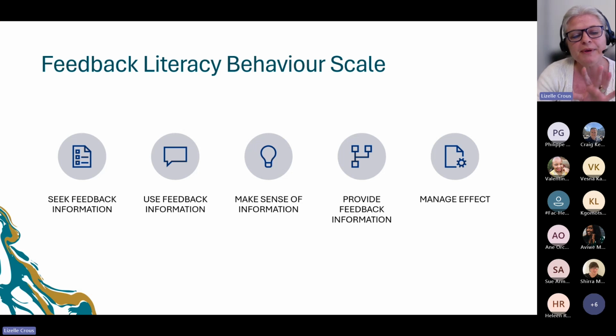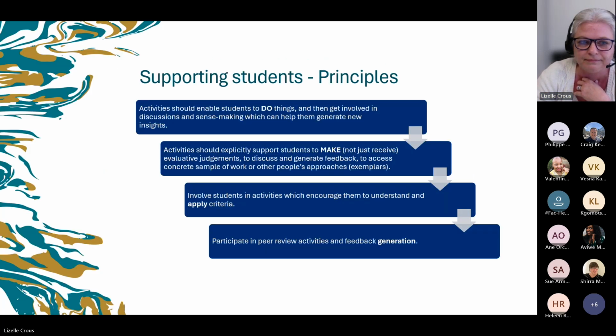Which brings me to the next point in our discussion, and I'm going very quickly through these slides, but there might be some time for questions and some ideas when we go through: how do we support students to become skilled and proactive participants in the feedback process? So, supporting students, there are some principles that we need to consider.